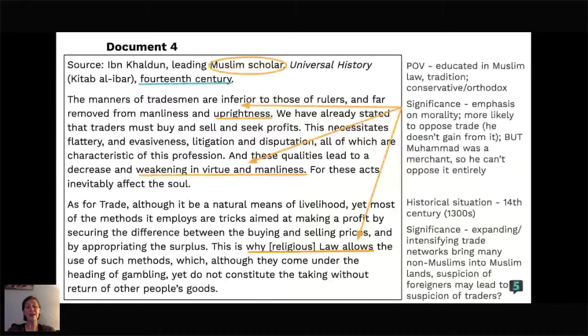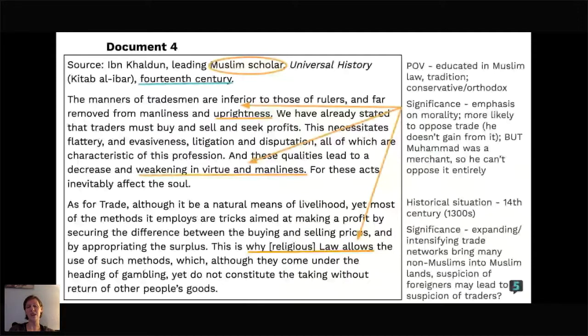And I might raise the question of whether a suspicion of foreigners is leading to a suspicion of traders, that perhaps Ibn Khaldun and others like him are concerned about merchants as much as anything, because they're concerned about the dilution of the purity of Islam with these foreigners or non-Muslims coming and participating in trade in Muslim lands. It's not directly related to the text. It's more just something I know about the time period and a question that I might raise.